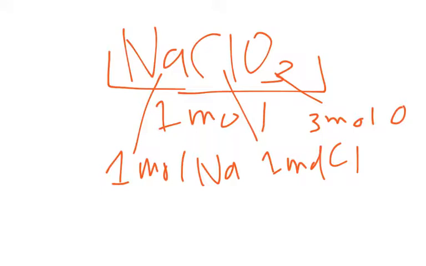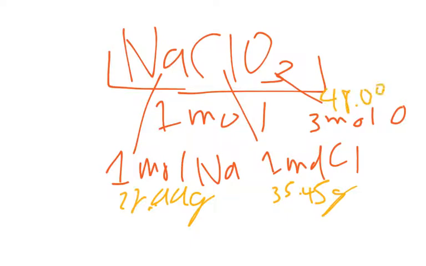So let's calculate the mass of sodium chlorate in a mole of sodium chlorate. We know that 1 mole of sodium is 22.99 grams. We know that 1 mole of chlorine is 35.45 grams. And we know that 3 moles of oxygen weighs 48.00 grams.